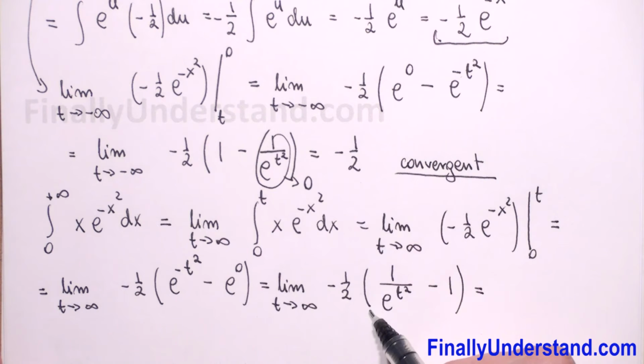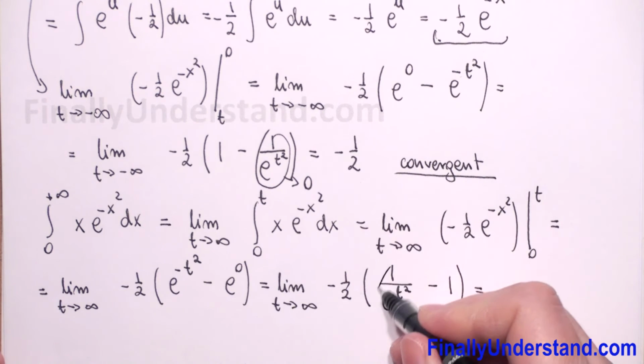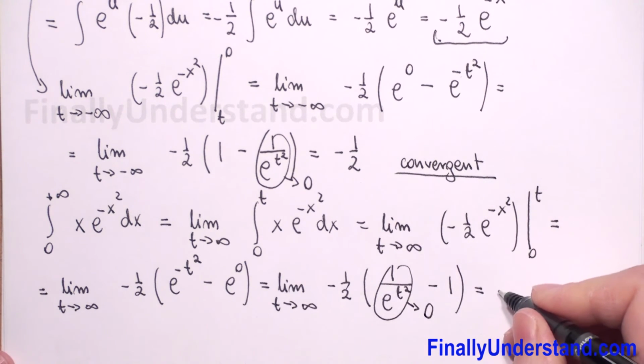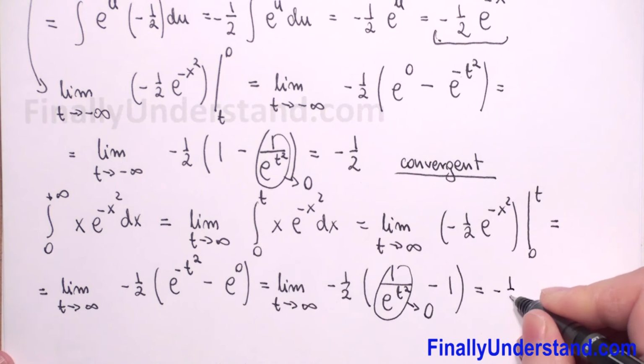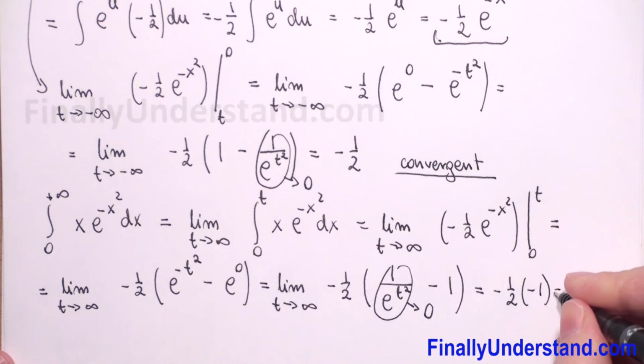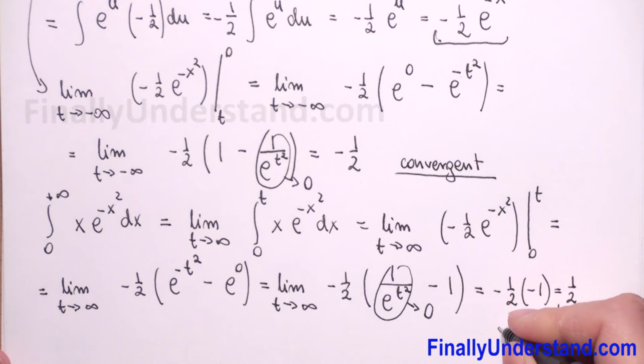We have a very large number in the denominator. 1 divided by a very large number goes to 0. So we have negative 1/2 times, in parentheses, negative 1, so this is equal to 1/2. We got a finite number. So our second integral is convergent. Let me write this.